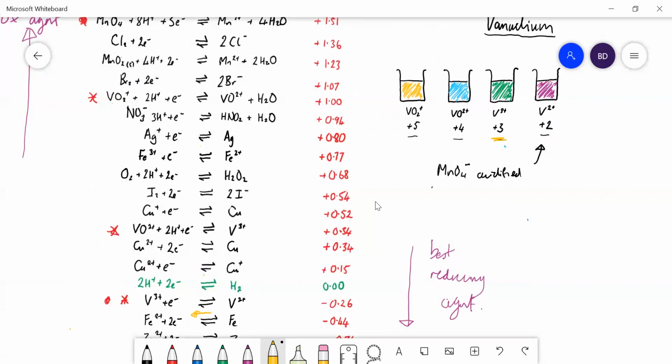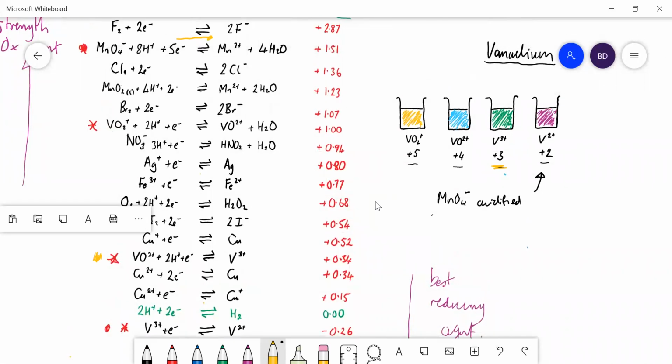Well, it won't be, because look at this equation here. We've got V3+ there. The manganate equation is still a lot more positive than that one. So the manganate can go forwards, sucking in the electrons, and push the V3+ one backwards because that's more negative. It'll give away electrons, and it will oxidize to this nice blue VO2+ one, won't it?